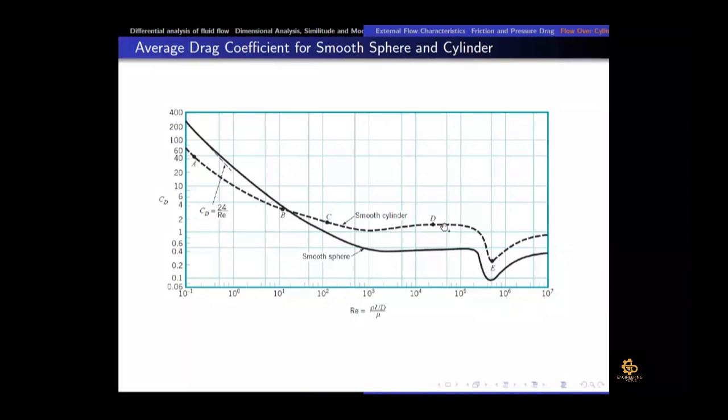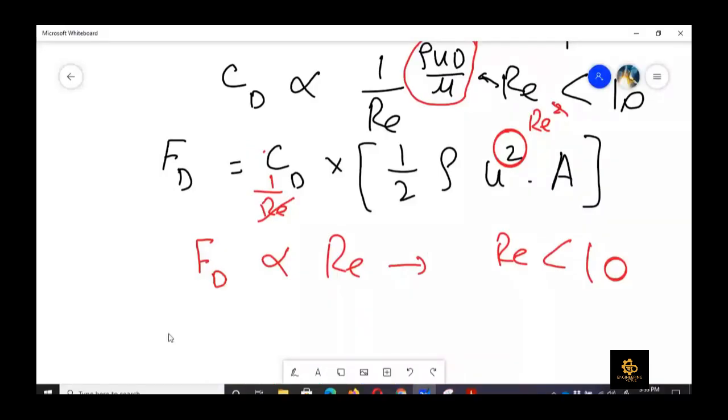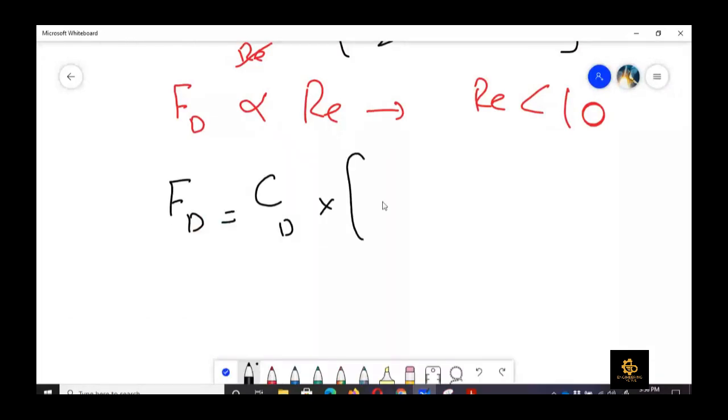In the portion where I am moving the cursor, the CD value is no more dependent upon Reynolds number. So again, in this formula, FD is equal to CD into half rho U square into area.